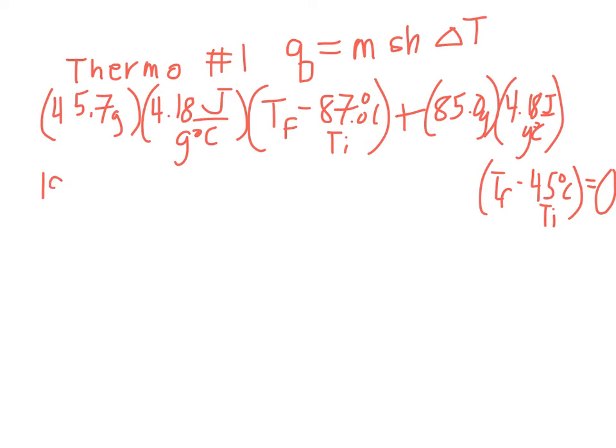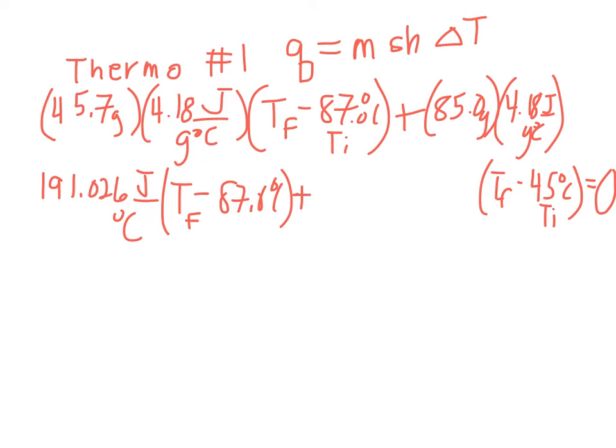So we have 191.026 joules per degree C times TF minus 87, plus 355.3 joules per degree C times TF minus 45 degrees C equals 0.